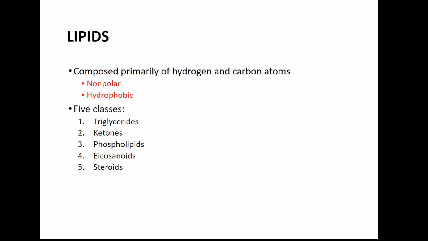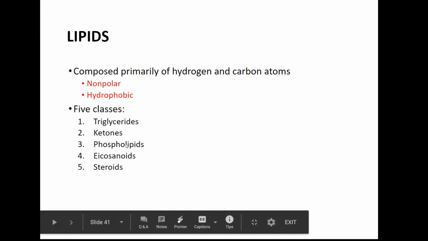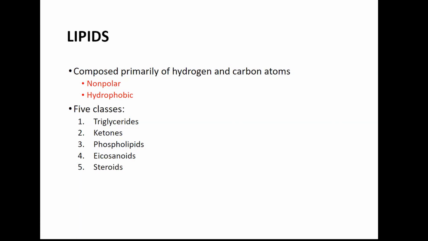That word always trips me up. We're grouping these together because they're mainly carbon and hydrogen, and they're going to have at least nonpolar parts. We'll see, for example, in phospholipids, it's going to be really important that part of that molecule is polar, but we also have a nonpolar part because it's a lipid.